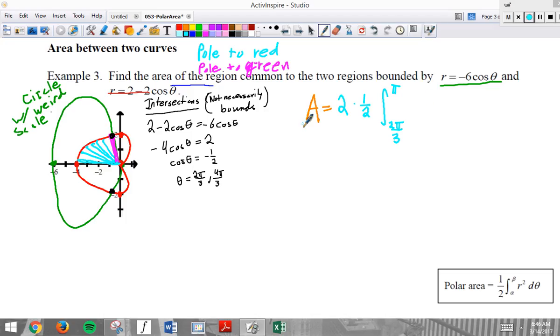And then, since we're using the red bound, I'm going to use 2 minus 2 cosine theta squared d theta. Now again, as always, a lot of students want to use minus here because they're used to rectangular coordinates and washers and shells and whatever, but it's not minus, it's plus. I'm adding this pink to the blue.